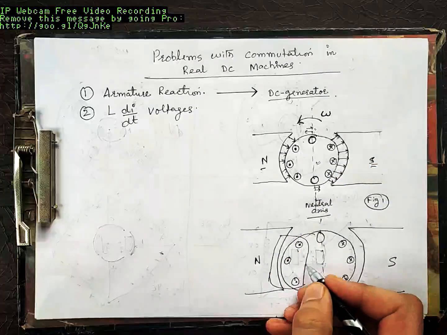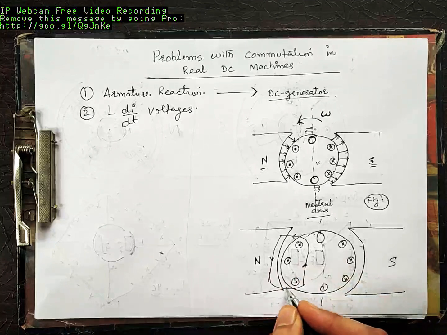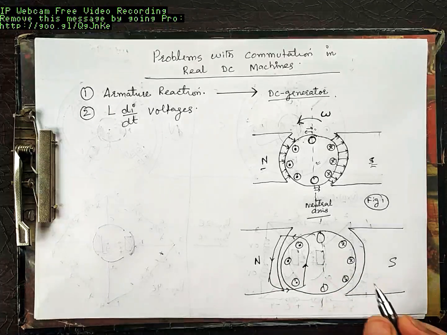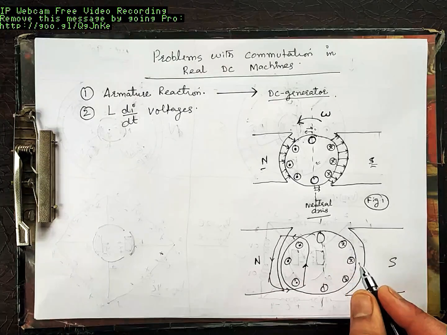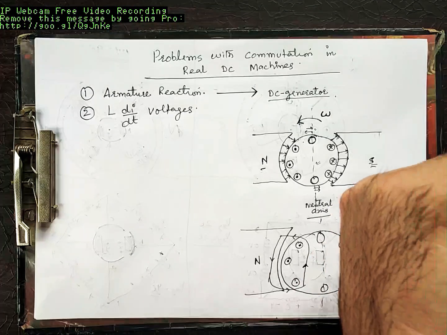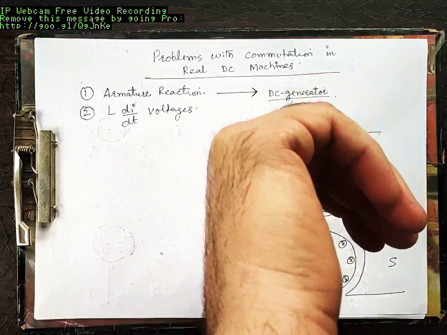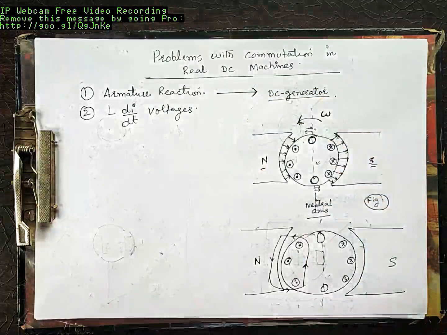So in this direction. And for these conductors, since current is going into the plane of the page, the direction of the curl of my fingers gives the direction of the magnetic field. So it is clockwise.